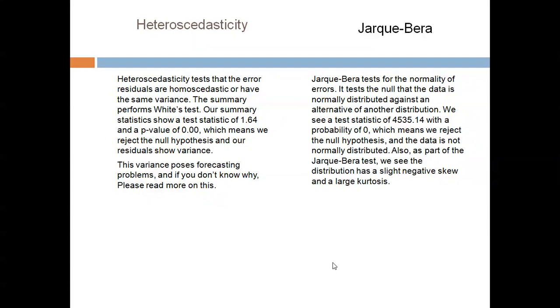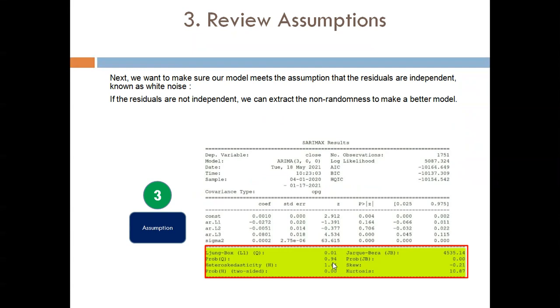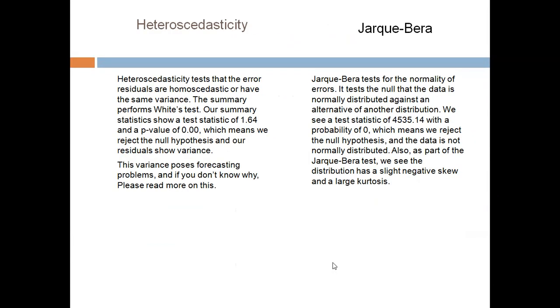Third one is Jarque-Bera. The Jarque-Bera test checks the normality of the errors. It tests the null that data is normally distributed against an alternative of another distribution. We see a test statistic of 4535.14 in the result, with a probability of 0, which means we reject the null hypothesis and data is not normally distributed.